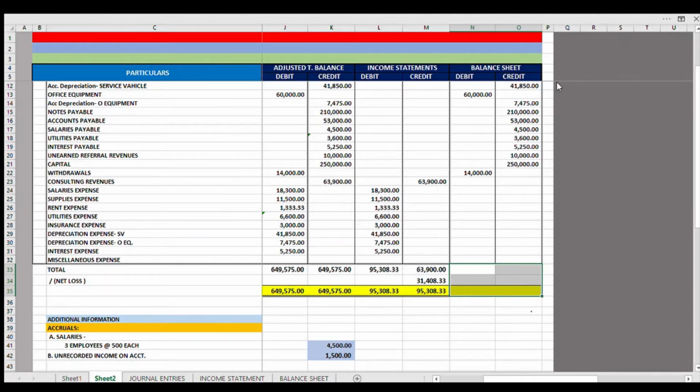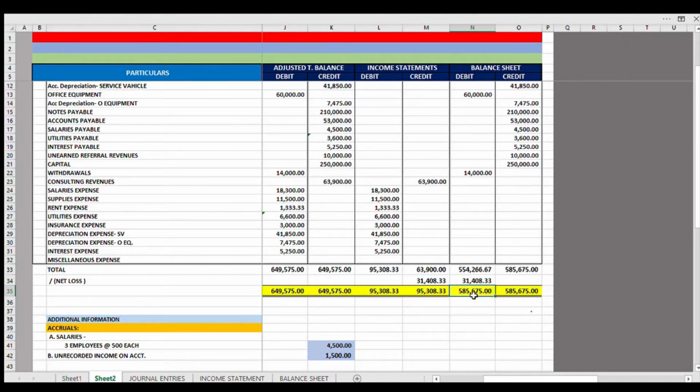our totals here. Okay? So, again, if the income statement shows the net loss on the credit side, it is the other way around for the balance sheet. On the balance sheet section, it should be placed on the debit side because it will denote a net loss.